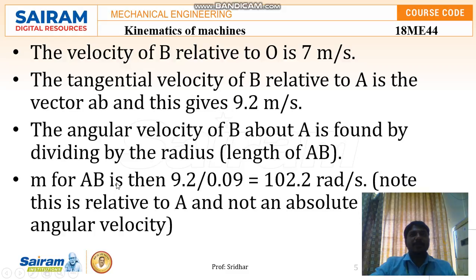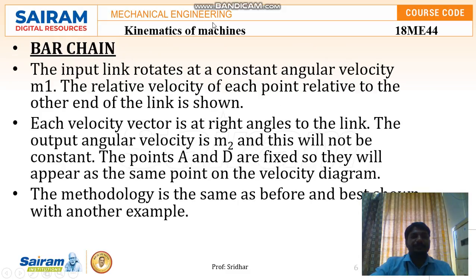Initially the value we got for AB is 9.2 by 0.09, and we converted that value. So now we got 102.2 radians per second. This is relative to A, and it is an absolute angular velocity. So that is how we identified the values.